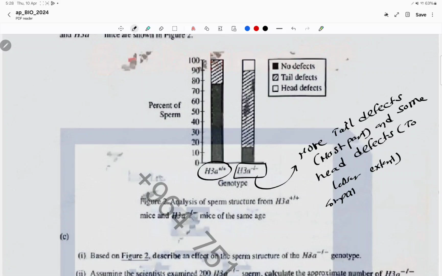Compared to who? Compared to the H3AA genotype. Double plus, I mean.